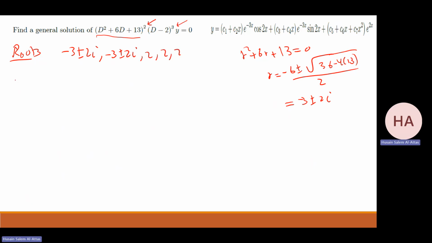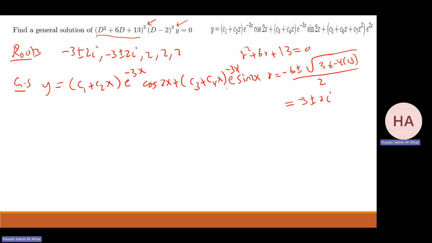So I can rewrite it the way usually he wrote it. y equals C1 plus C2x, e minus 3x cosine 2x, plus C3 plus C4x, e minus 3x, but now it's sine 2x. This I have repeated 3 times, so I can write C5, C6x plus C7x squared, e2x, which is this one. Exactly.